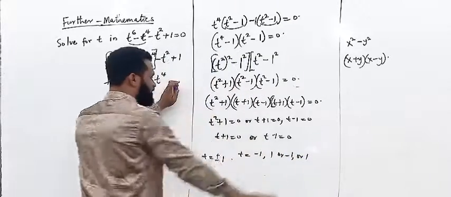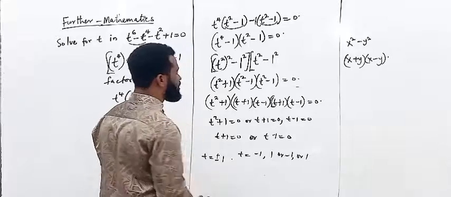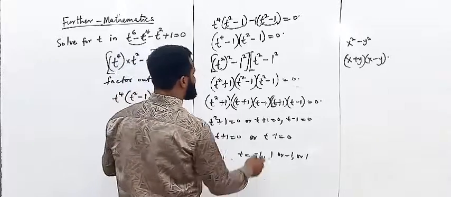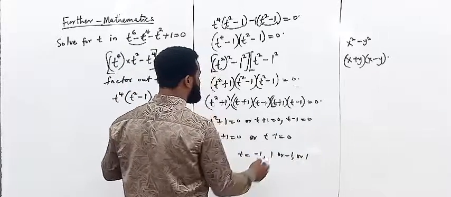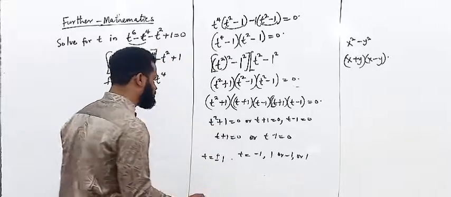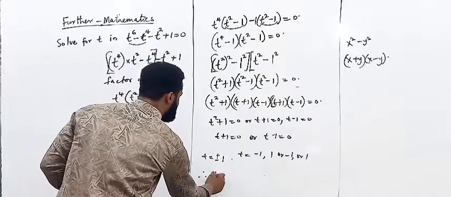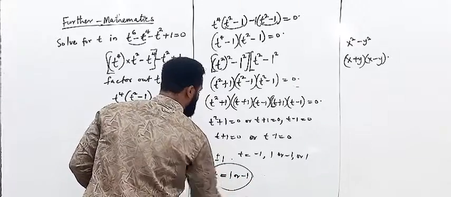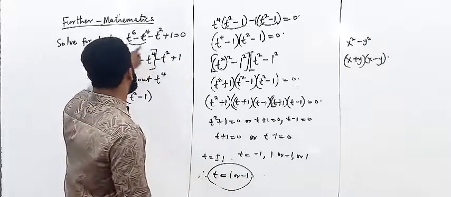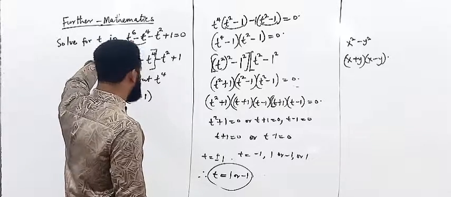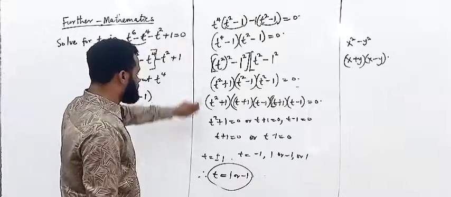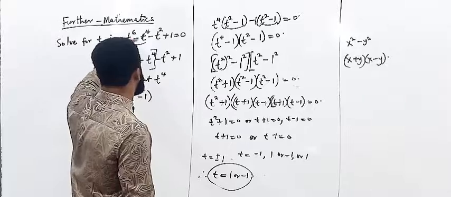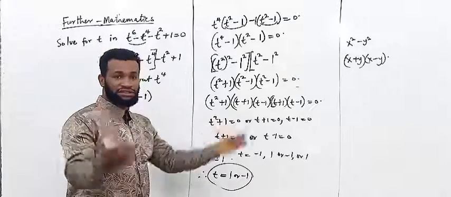So in everything, for the sake of our curiosity, you realize that everything about t is going to be 1 or minus 1. Therefore, we say that t is equal to 1 or minus 1. That is the value of t. That means if I place the value of t to be 1 here, I will have 0. If I place the value of t here to be minus 1, I'm still going to have 0. That is the answer.